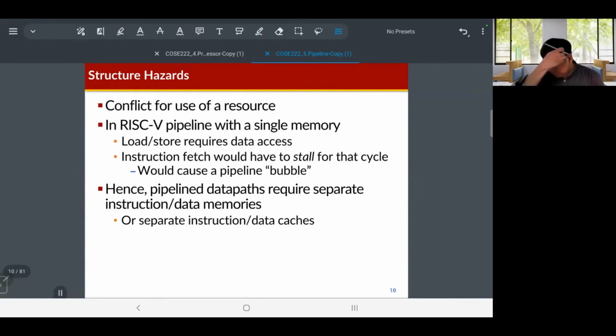The same hardware is requested by multiple requests, but if the number of requests exceeds the resources in this hardware, then we need to consume another cycle, so more cycles for performing some instruction. This is called a structure hazard. Then can you find the structure hazard in a pipeline architecture or a single-cycle processor?